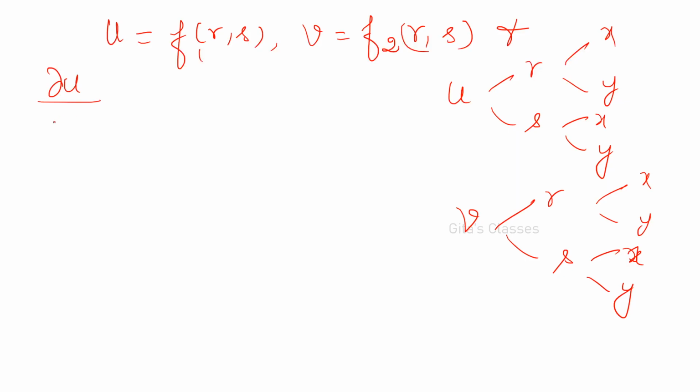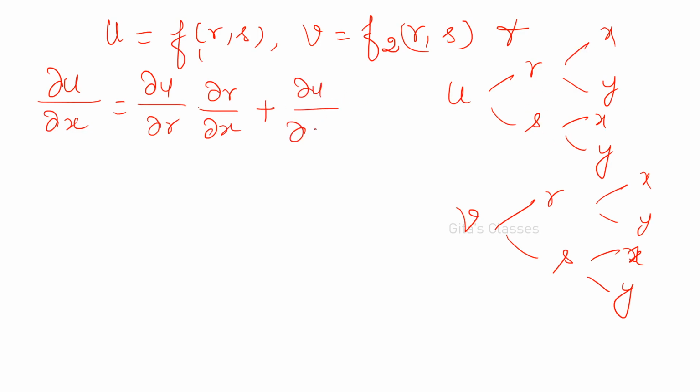So dou u by dou x. From u you have to go to x and y. Through r you can go, through s also you can go. So dou u by dou r into dou r by dou x. This is one possibility. Or through s also you can go. So plus dou u by dou s into dou s by dou x.